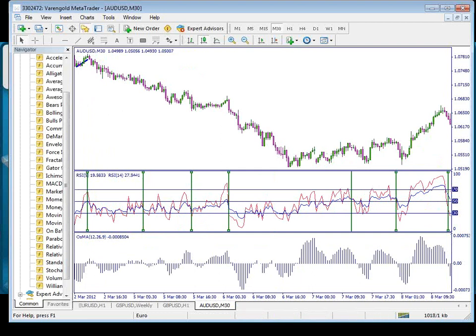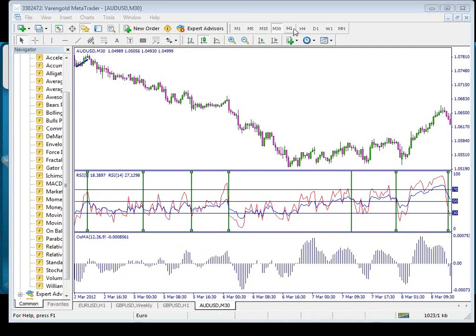The oscillator of moving average is quite similar to the MACD. It indicates the relationship between two moving averages, and by default it is the difference of the 26 exponential moving average and the 12 exponential moving average, with smoothing of 9 simple moving averages.